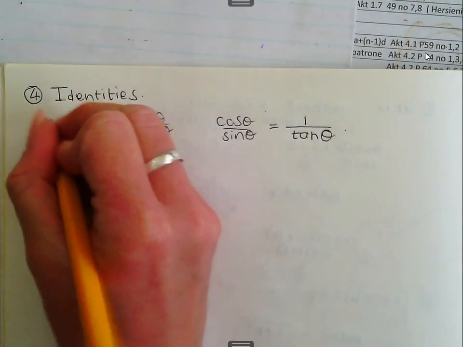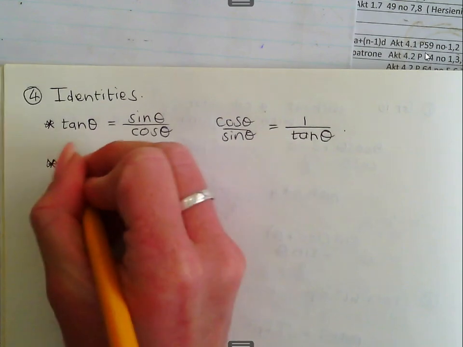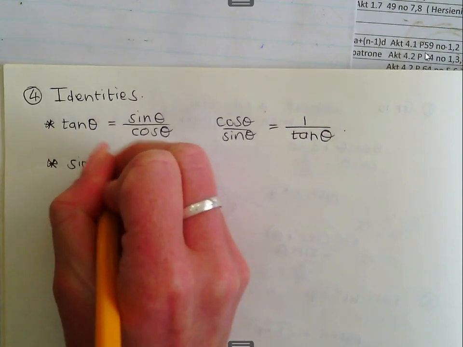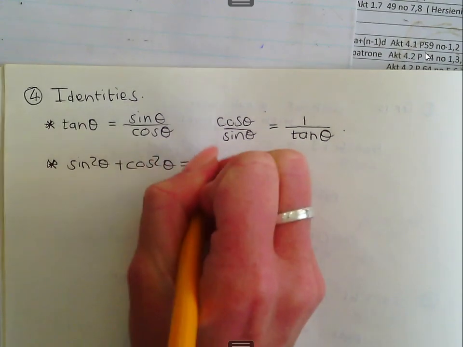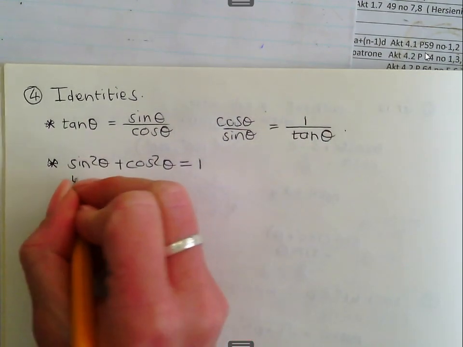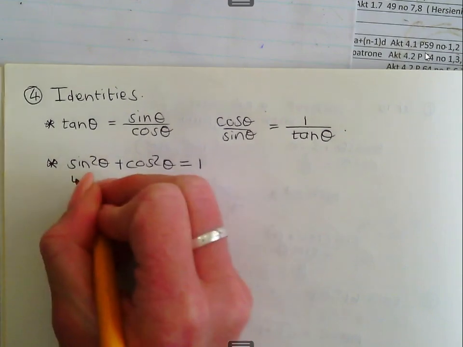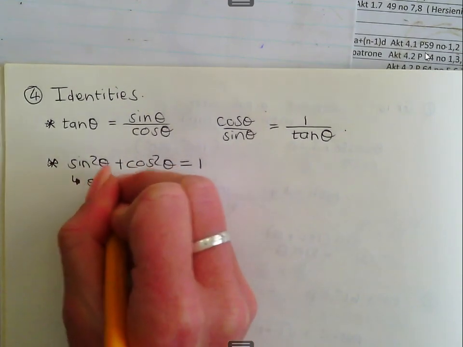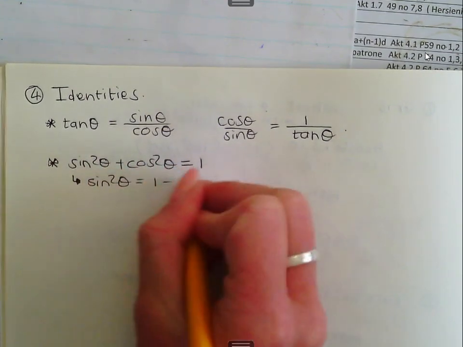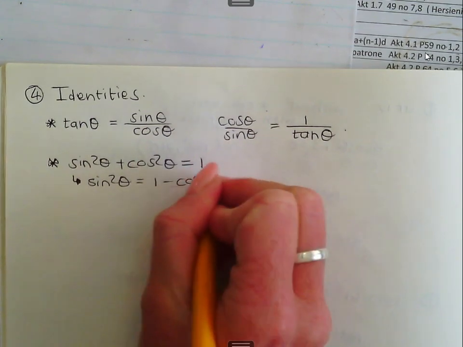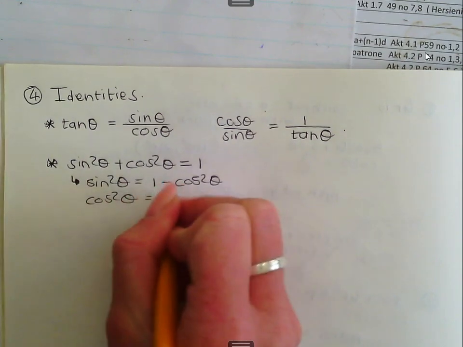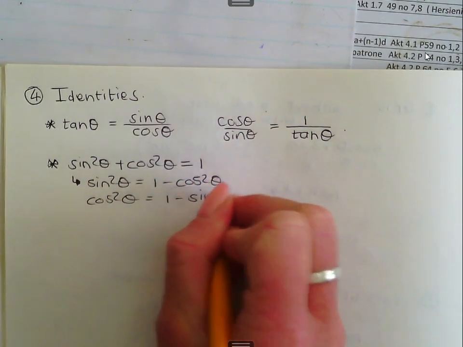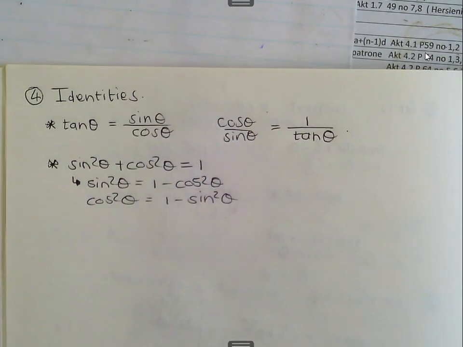The second identity we have is that sin squared theta plus cos squared theta is equal to 1. And from this one, we get 2 others: sin squared theta is equal to 1 minus cos squared theta, and cos squared theta is equal to 1 minus sin squared theta. The 1 must be positive and the cos squared or the sin squared must be negative here.